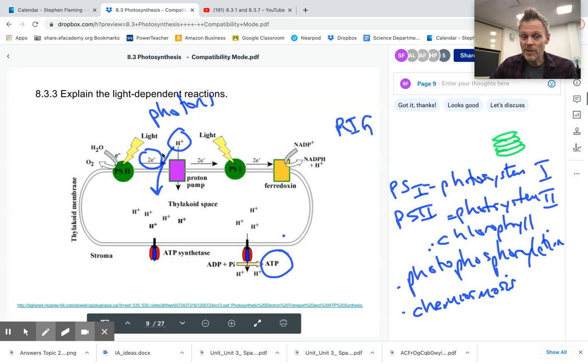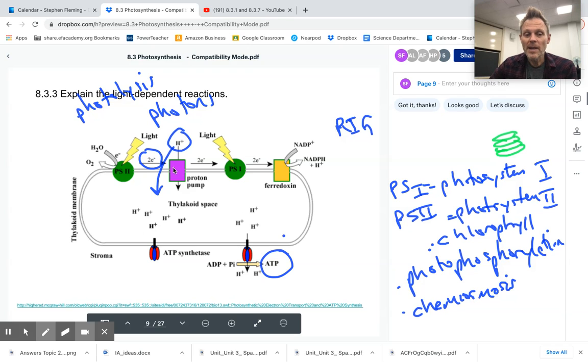Also, where do these protons come from? Right here, right? So when light energy breaks water, you remember as photolysis, we're going to have our protons generated on the outside of the thylakoid that can be pumped in.